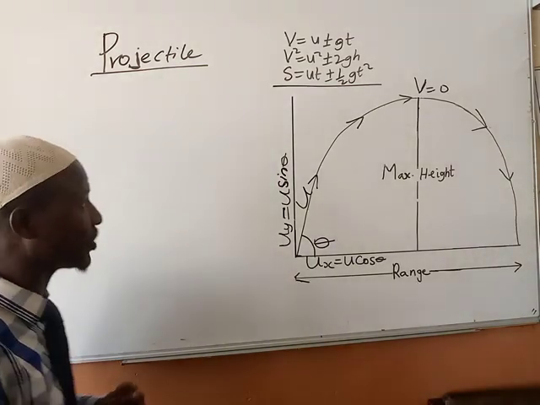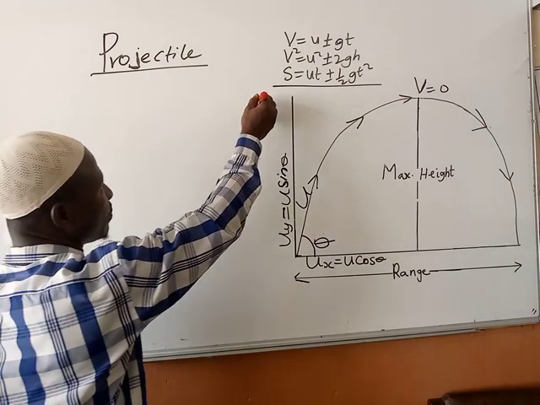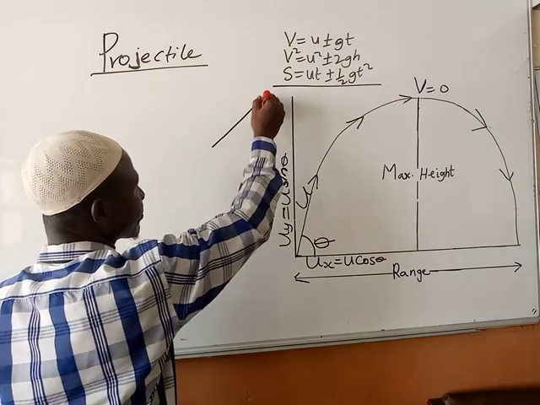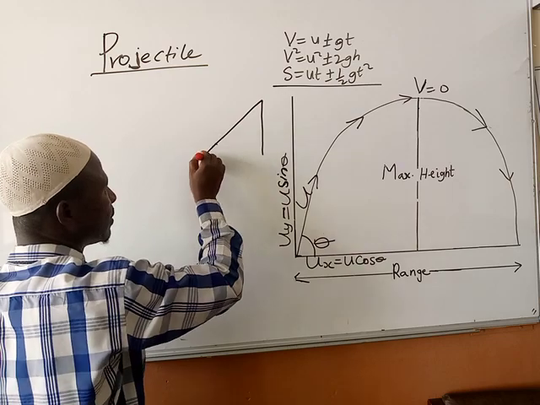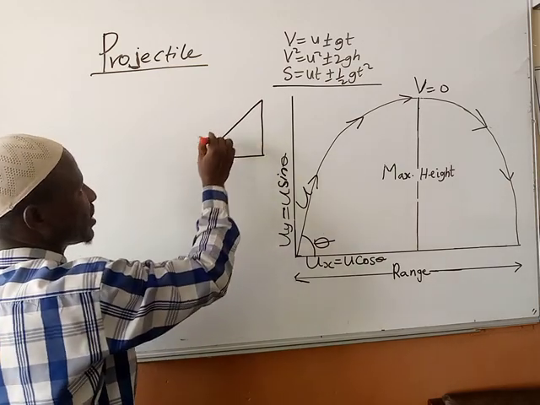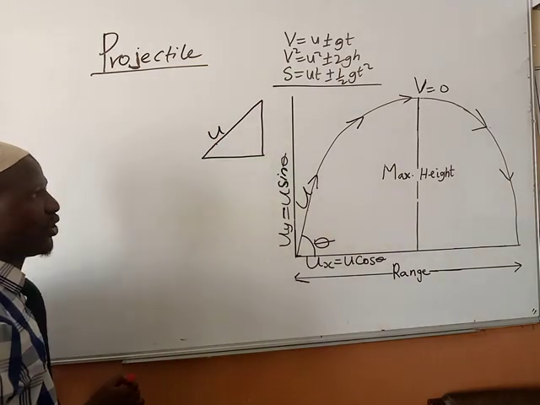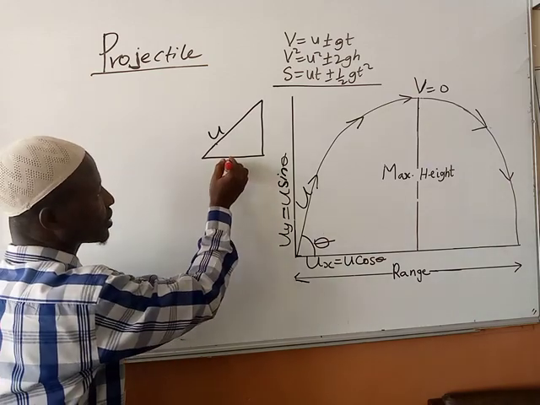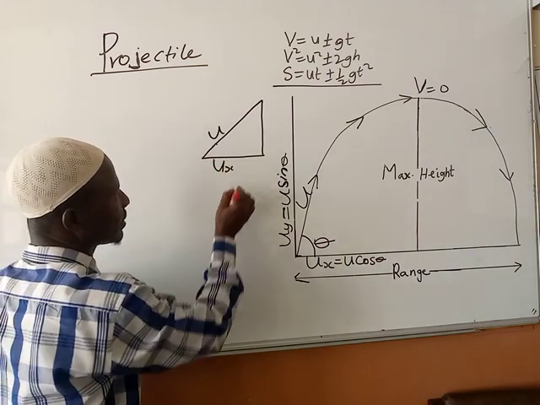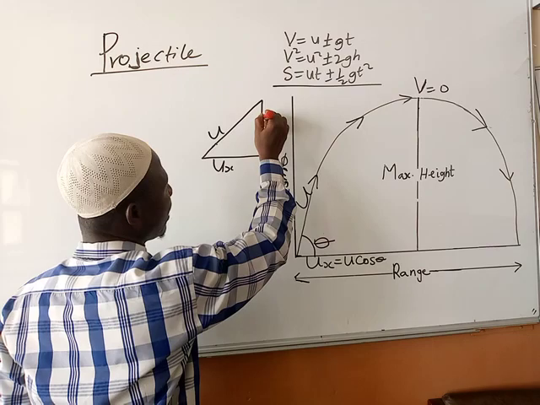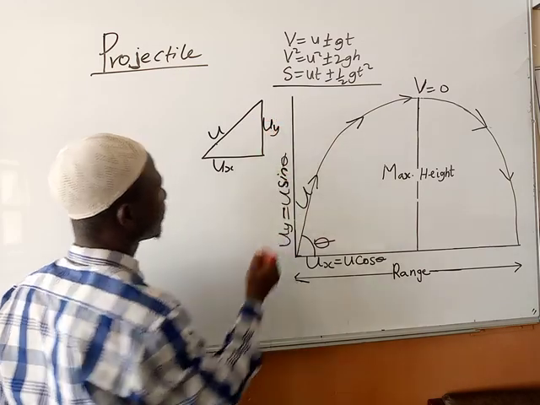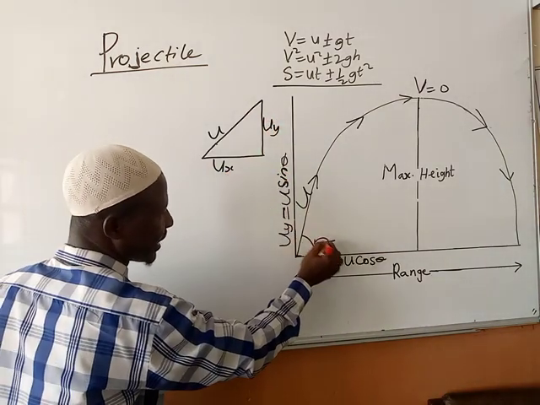Now, let's derive it first. So let's use this diagram to make it easier. This one will serve as our initial velocity u, this is the horizontal component ux, this is the vertical component uy, and this is the angle of projection theta.